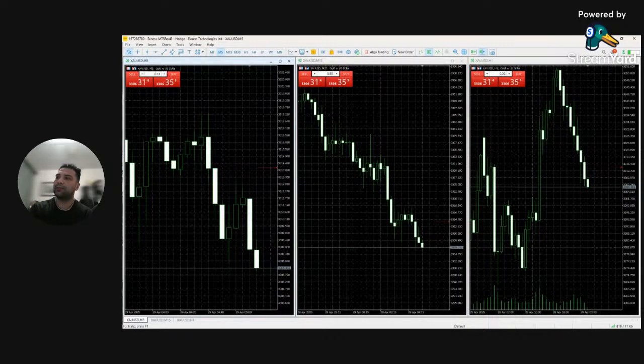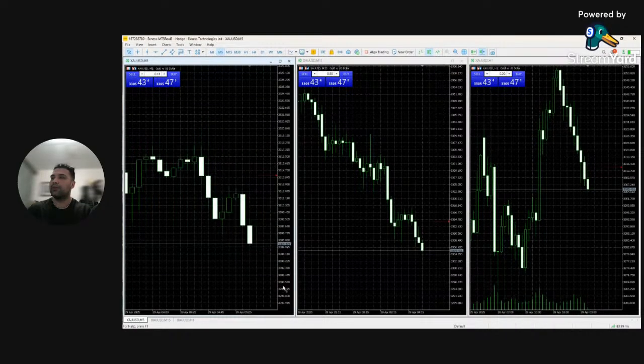The reason for the exit was basically this bar right here, because I was expecting there could be some kind of price action that could have triggered some bullish momentum right in here. But it went really good, really good. So no worries.